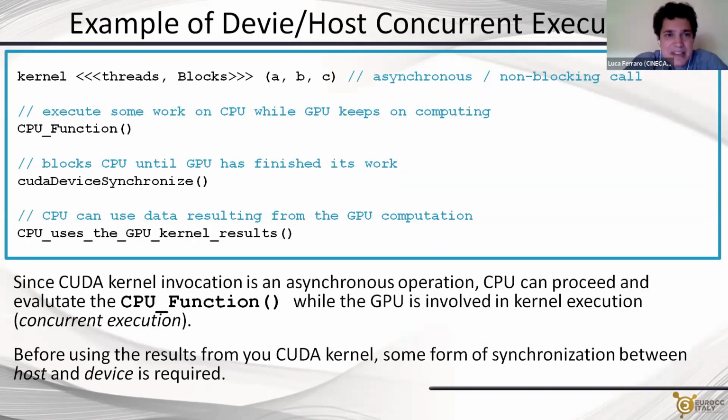The first very simple example of concurrent execution of GPU with host work is represented in this sketch of CUDA C code. This is pseudocode in general, but you can get an idea. I start with a kernel launch, where I set the number of threads in a block and the number of blocks in my CUDA grid with some parameters.